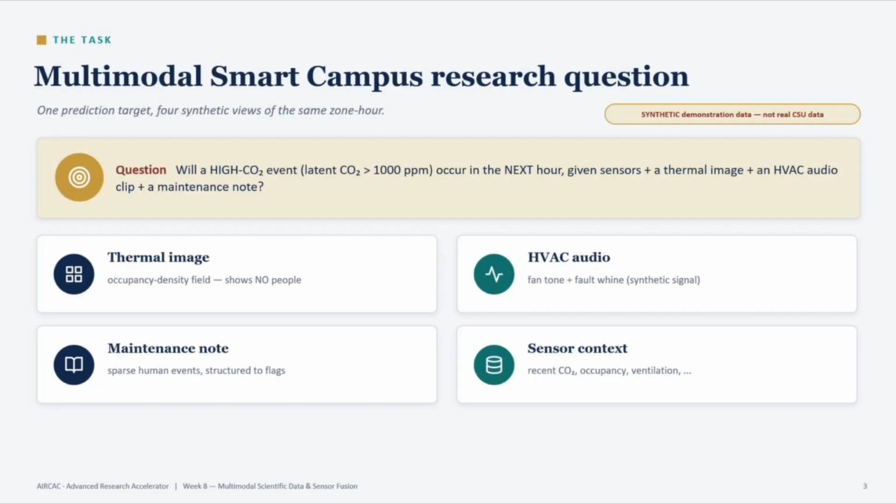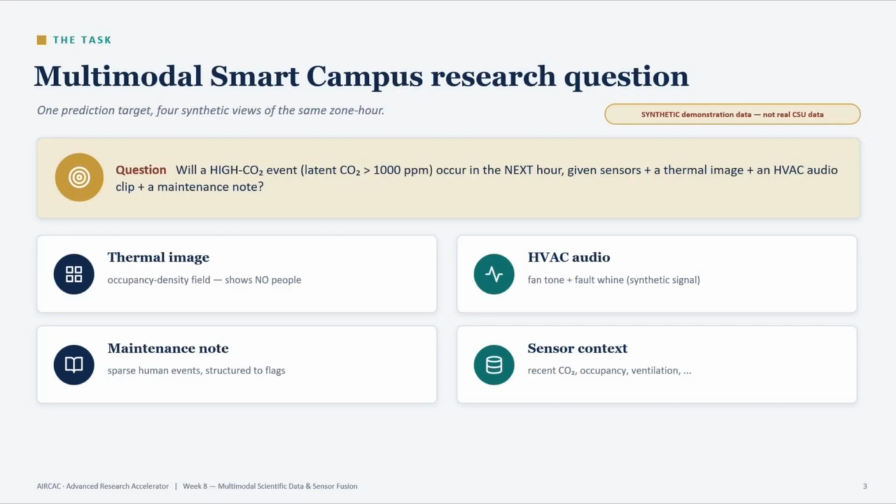We have sensor information such as recent CO2, occupancy, and ventilation. We have a synthetic thermal image representing the occupancy density field. There are no actual people in this image.